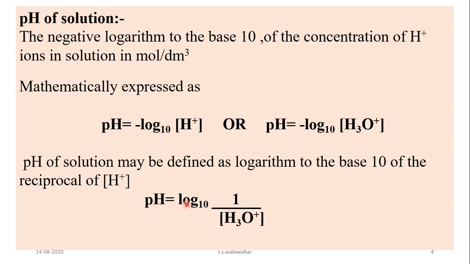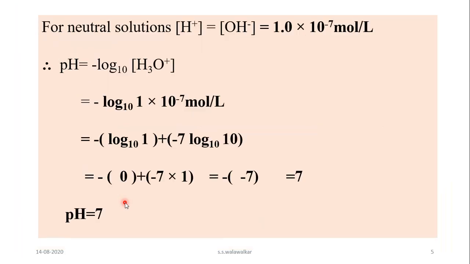That is equal to the logarithm to the base 10 of 1 upon the concentration of hydronium ion. So the pH of a solution may be defined as the logarithm to the base 10 of the reciprocal of the hydrogen ion concentration.